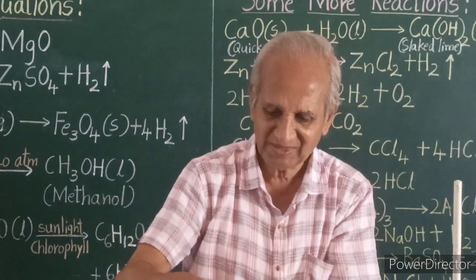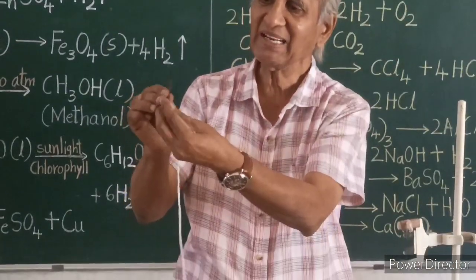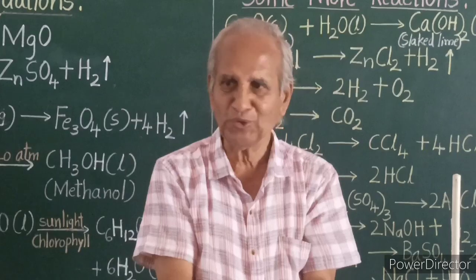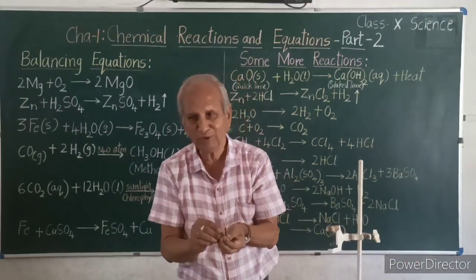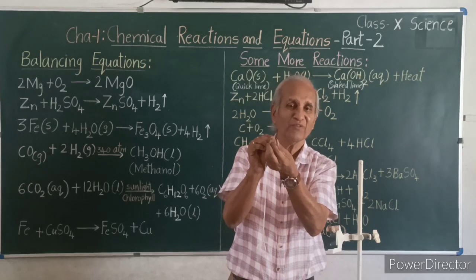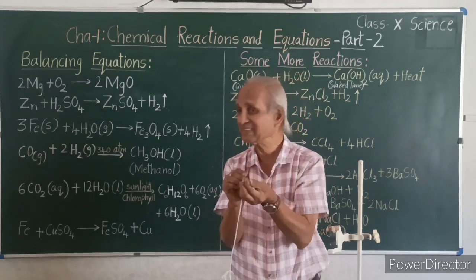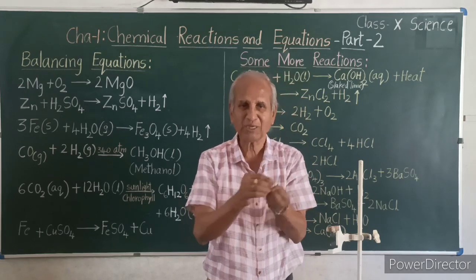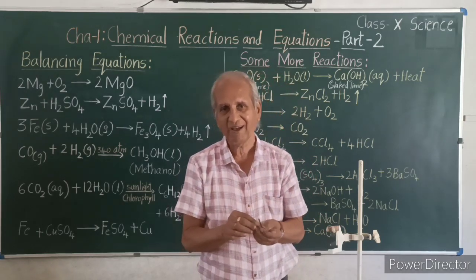It won't come out, see, the color remains the same. If I leave it for another 1 hour or so, the nails will have a beautiful coating of copper. From where has the copper come? Copper has come from the copper sulfate solution. Copper got removed there by iron.